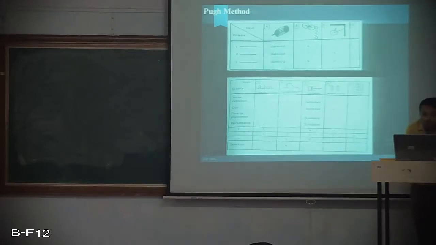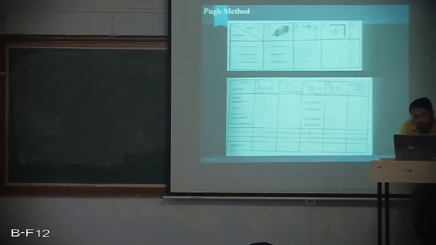For cost, it is less than C, hence plus. Time to implement is also very less for the second concept, hence plus. And performance wise also it is plus compared to the third conceptual design.